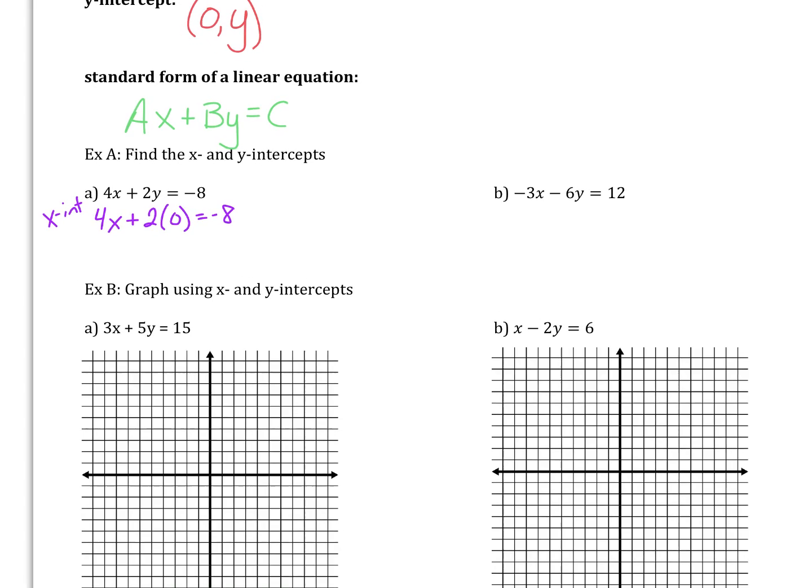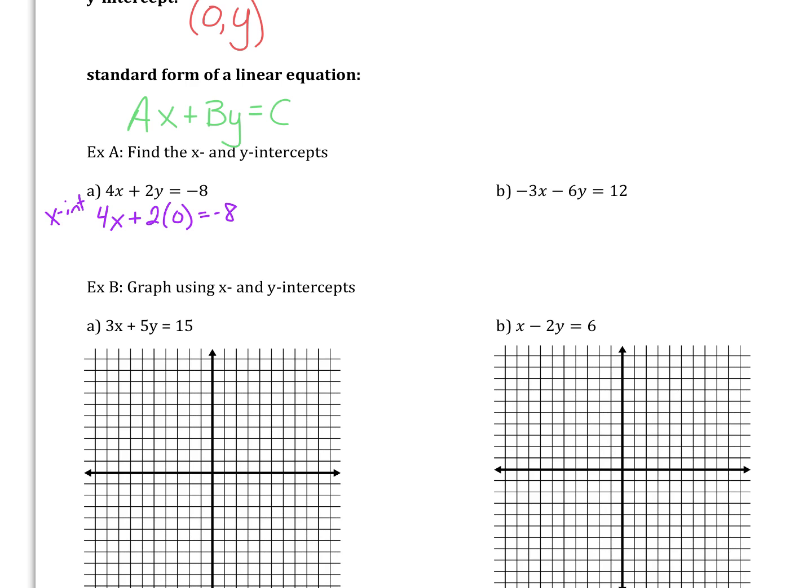So what happens is, well, what's 2 times 0? Yeah, it just kind of goes away. And so we end up getting 4x equals -8. Can I find x now? Yeah, I can divide by 4. So my x-intercept, x equals -2.